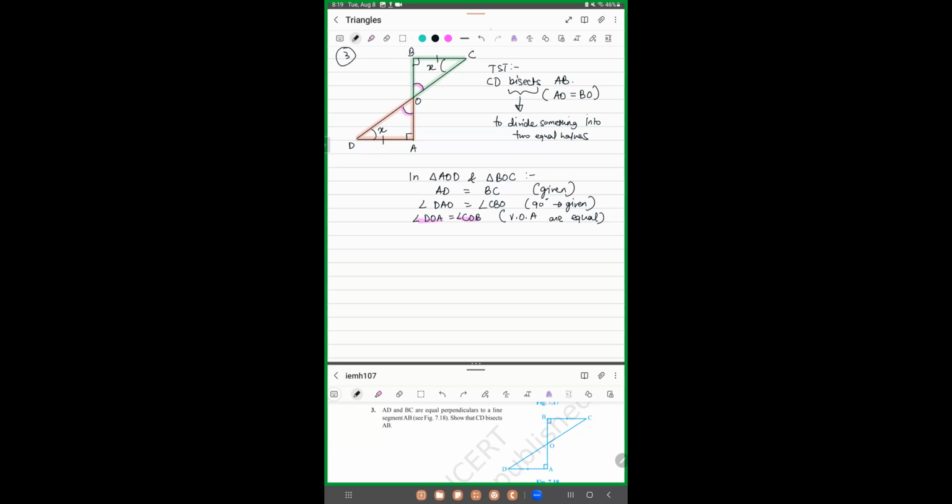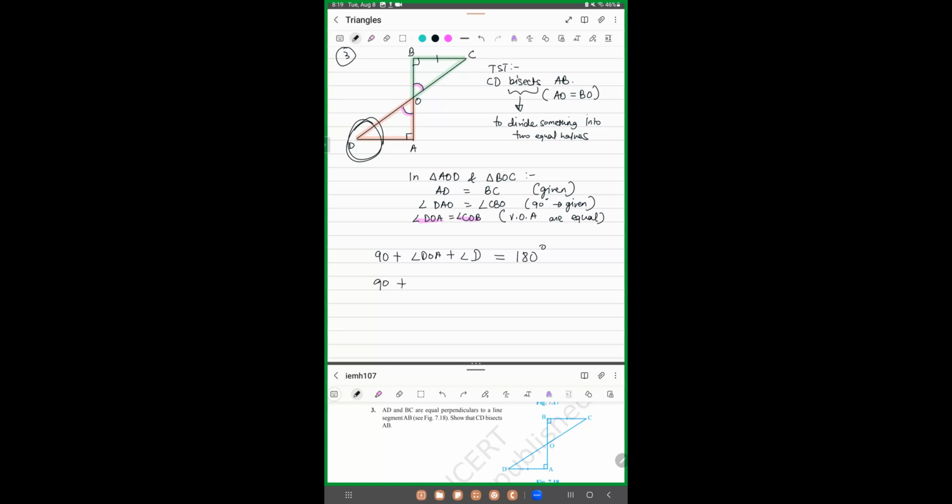And similarly, in the green triangle, also 90 plus angle COB, which is the pink angle, plus angle C is going to be 180, right? Angle sum property. Now we know that 90 and 90 are the same, DOA and COB are also the same, 180 and 180 are the same. Obviously, angle D and angle C are going to be equal.